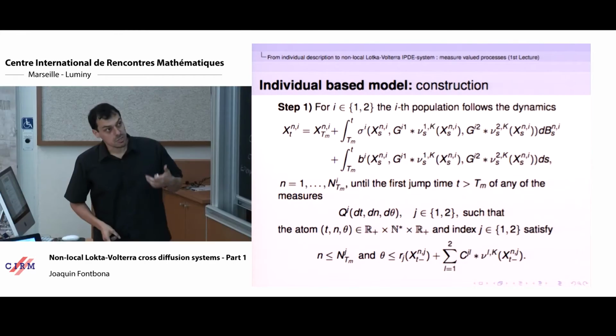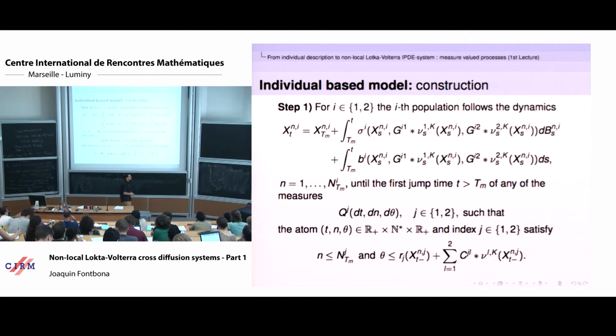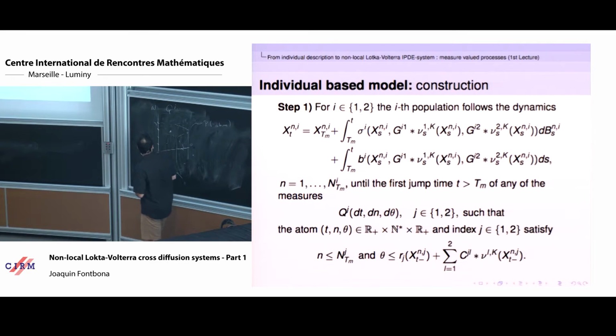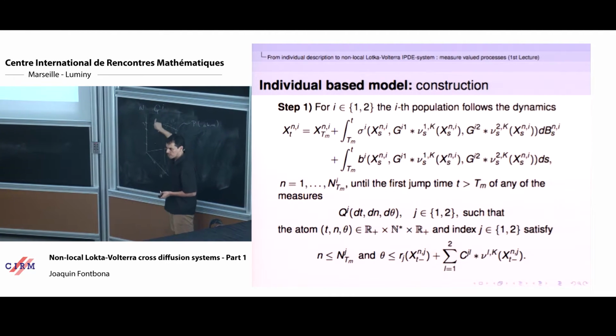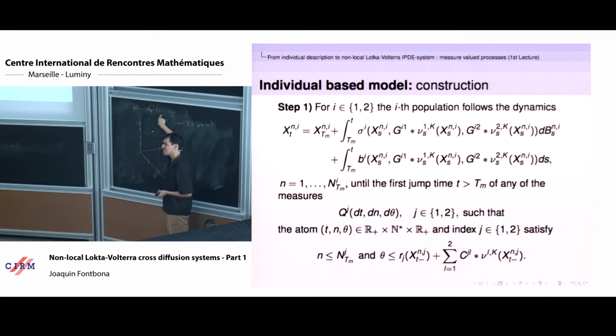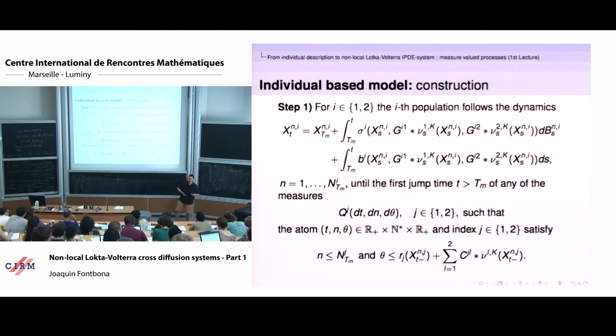And what is the condition? So the condition is the following. The natural coordinate in my atom, in my measure, will tell me which individual suffers from a demographic event, or is dead, or reproduces.